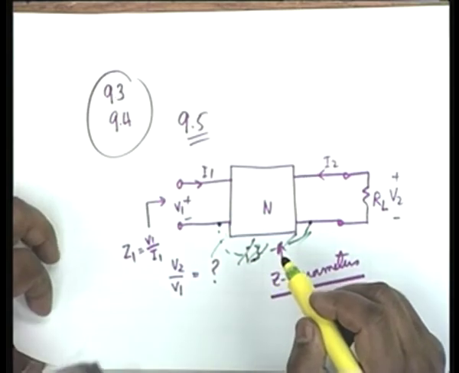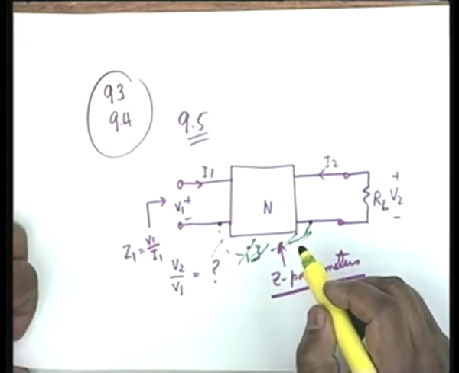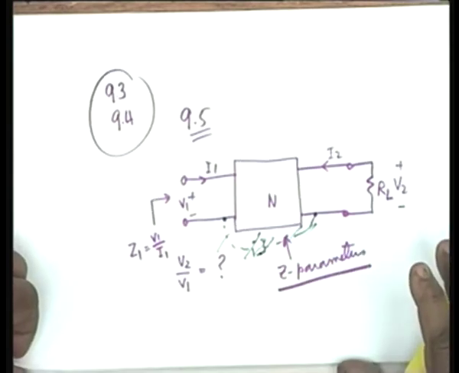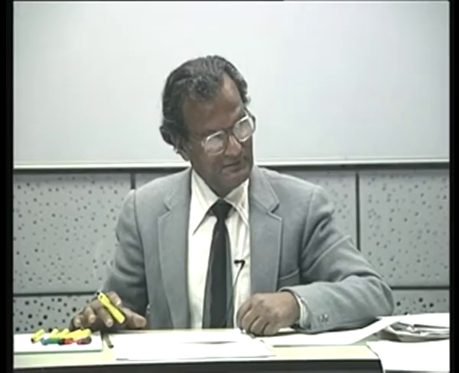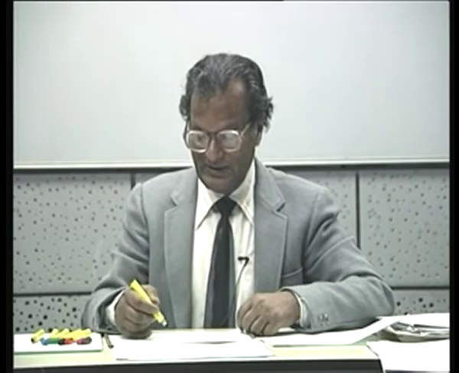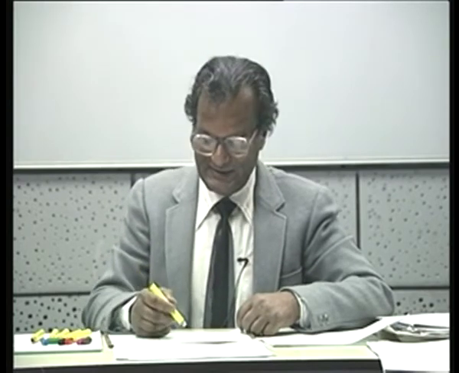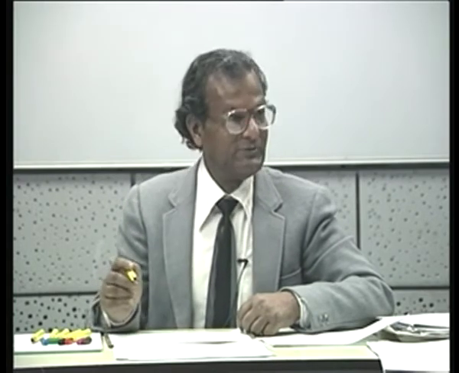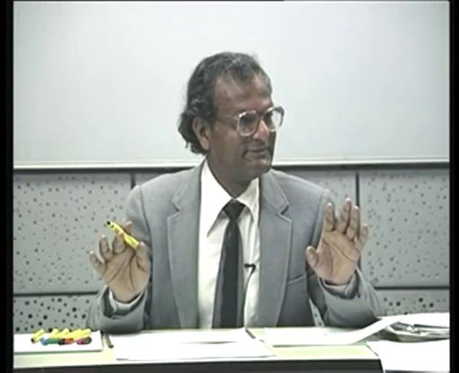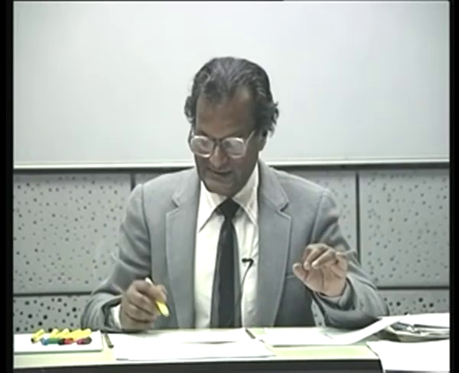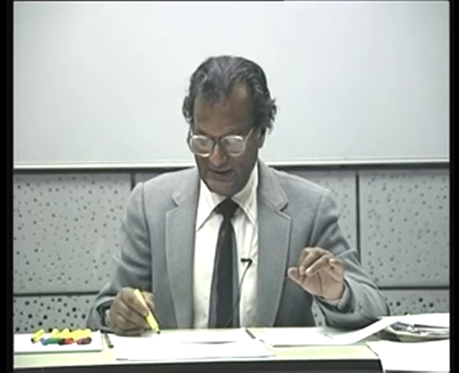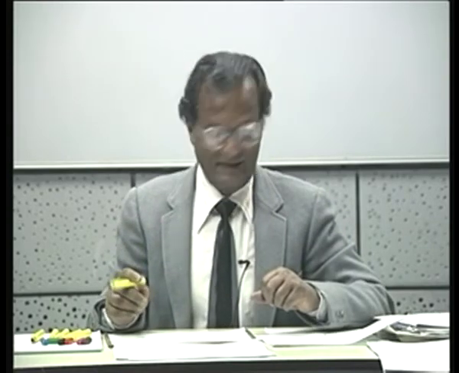Why can we assume that the T parameter network satisfies any network? Because the T parameter network satisfies the terminal equations in V1, I1, V2, I2, and that's all that matters. There is nothing structurally to disobey these equations, and therefore we can replace.